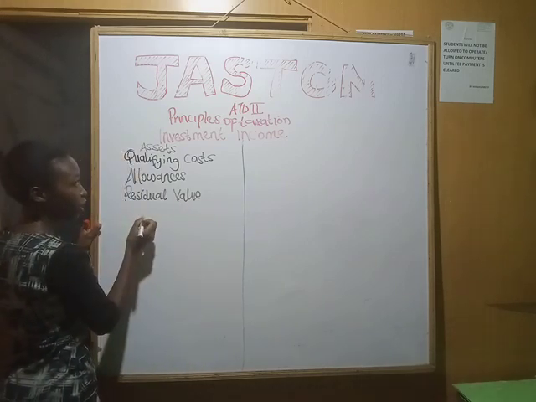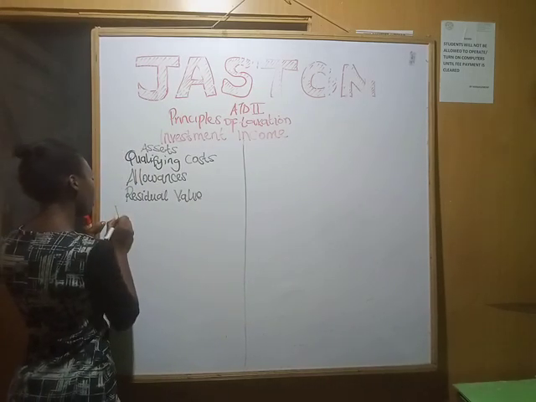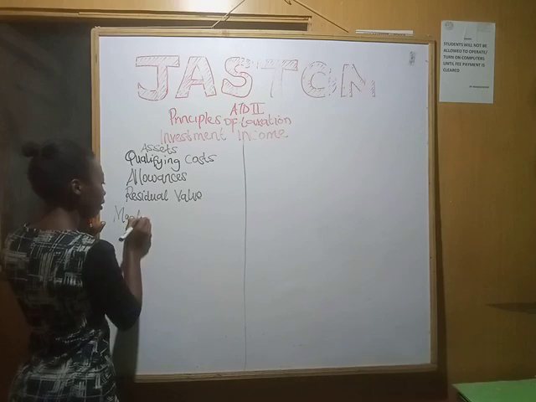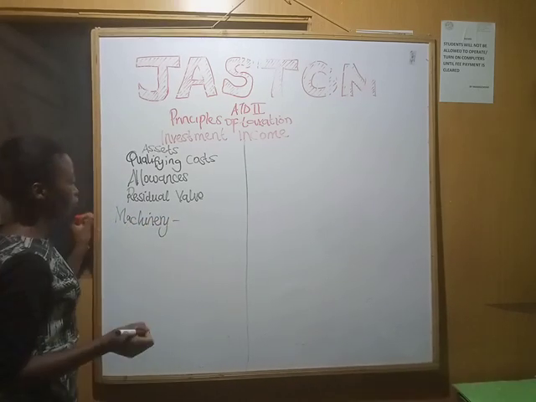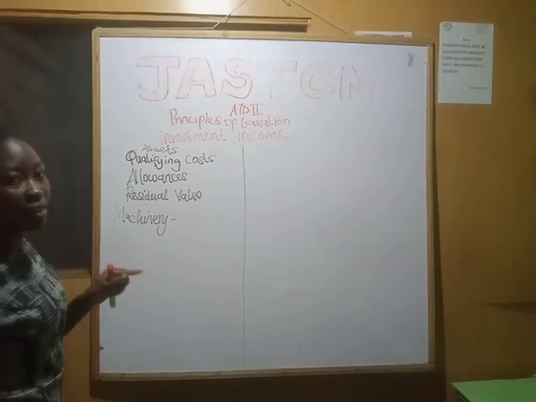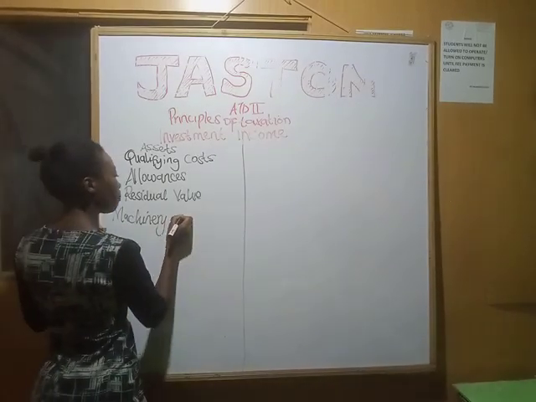And now we have machinery as part of our assets. We have machinery which always has an allowance of 50%.